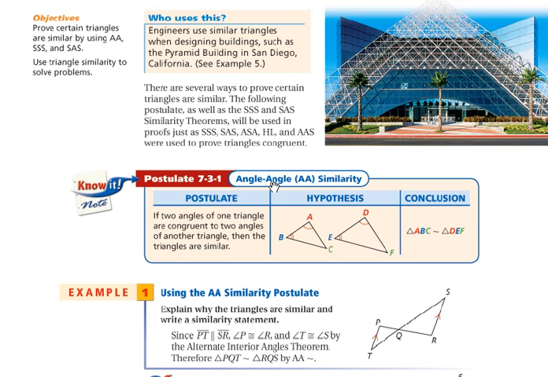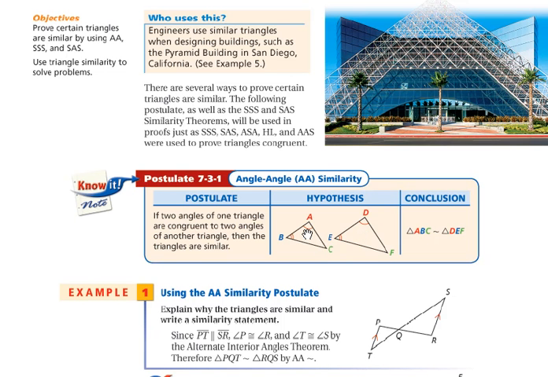One postulate here is the angle-angle similarity postulate, postulate 7-3-1. And here it says if two angles of one triangle are congruent to two angles of another triangle, then the triangles are similar. So you can see here that we have two different triangles, and basically what you need to look at is that we have two angles that are congruent in two different triangles.